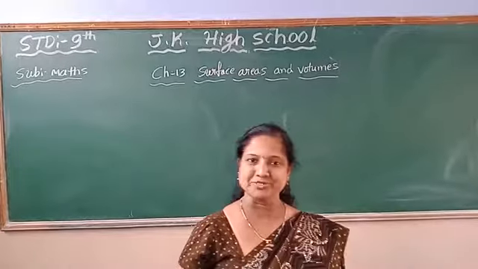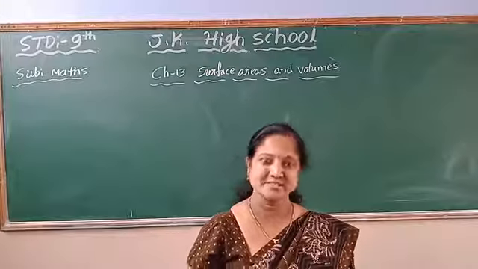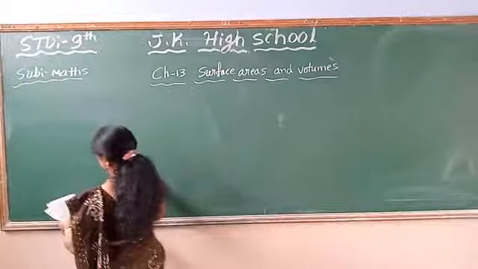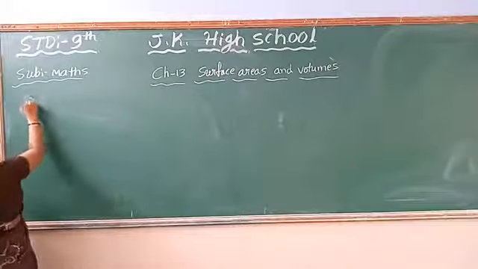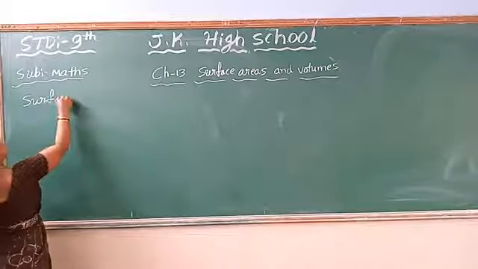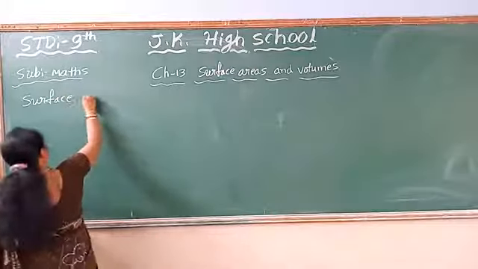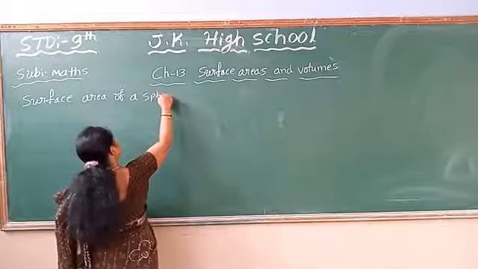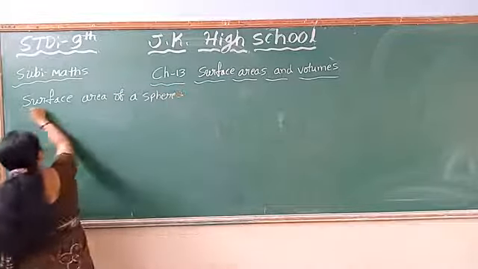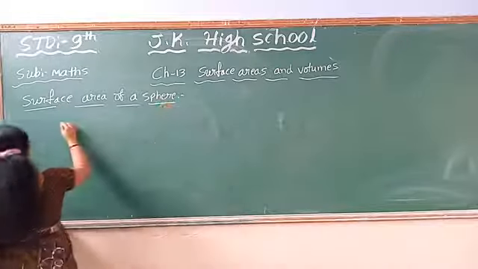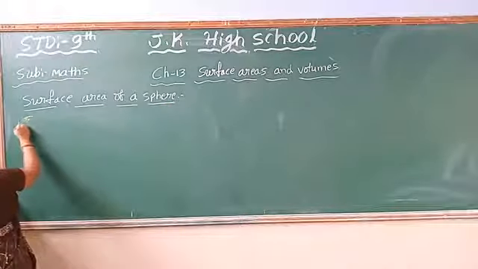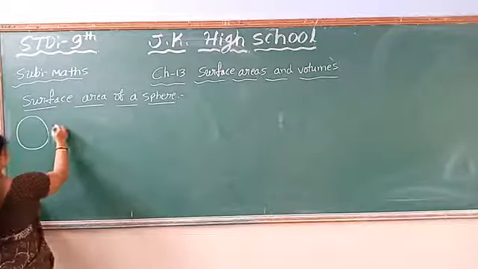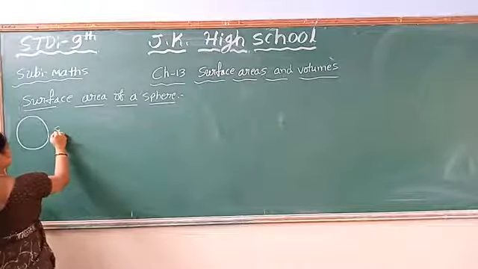I am going to continue with chapter 13, surface areas and volumes. In that, surface area of a sphere. To find out the surface area of a sphere, you know the shape of a sphere is in this form.